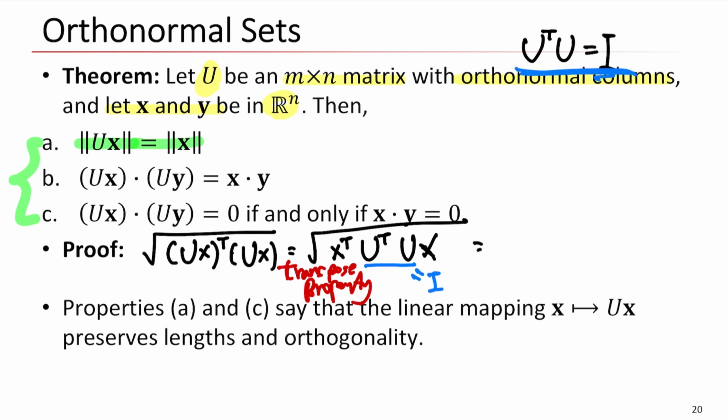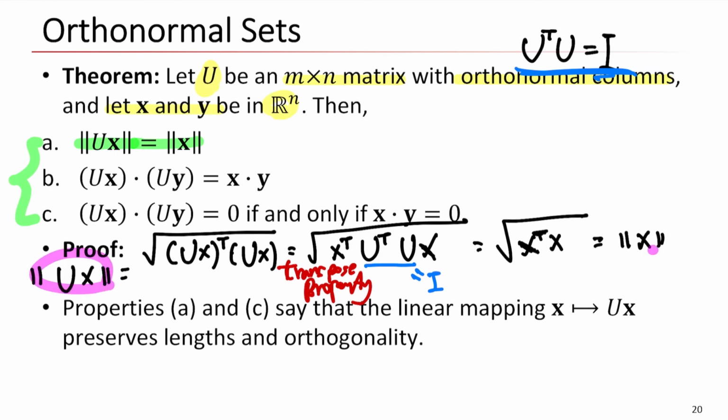From this definition, right? So in other words, this is x transpose x. So in other words, this is the length of x. This is the length of Ux. So the length of Ux is equal to the length of x itself.